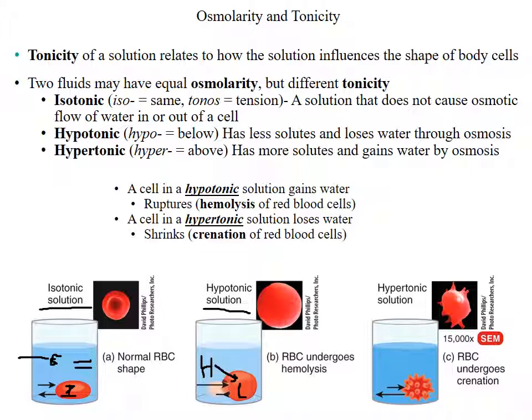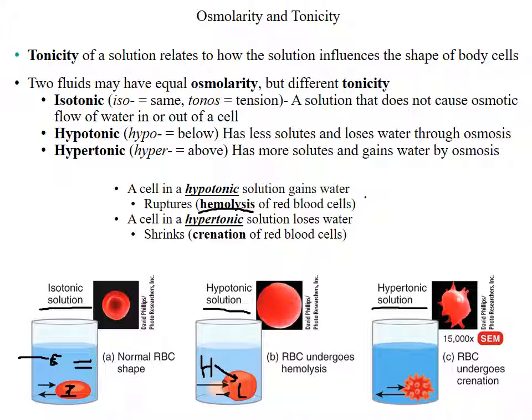Now, in an animal cell or in a cell in your body, if water moves into the cell in an unchecked or uncontrolled manner, it can lead to something called hemolysis of the red blood cells or lysis of general cells, where the cell will eventually become so full it will literally pop like a water balloon. And we refer to that as hemolysis or lysis, depending on what kind of cell we're talking about.